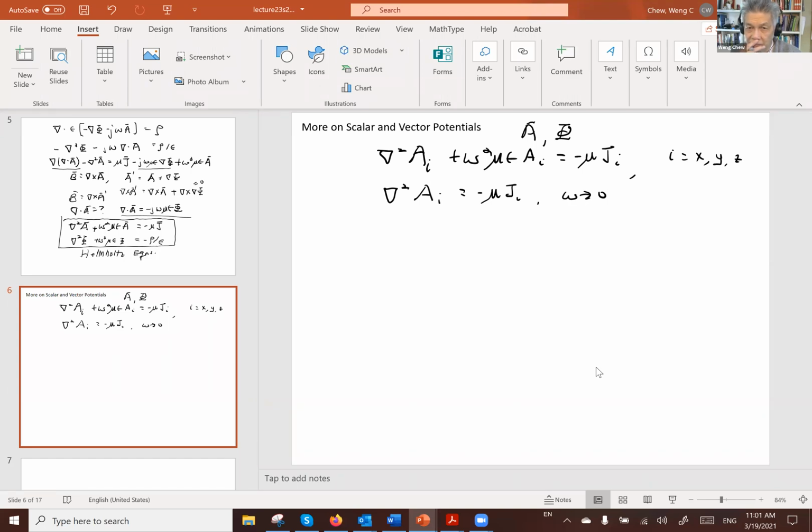Then we know how to solve this equation using something called the Green's function method. Okay, in the Green's function method, we find the point source response of this equation, and then when we have a distributed source, we use convolution to find the solution for the distributed source.